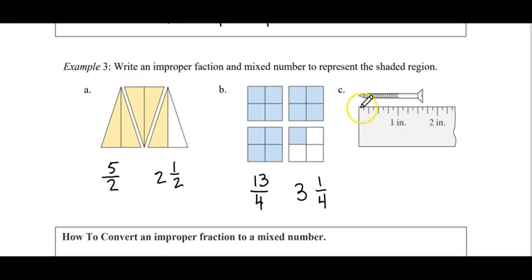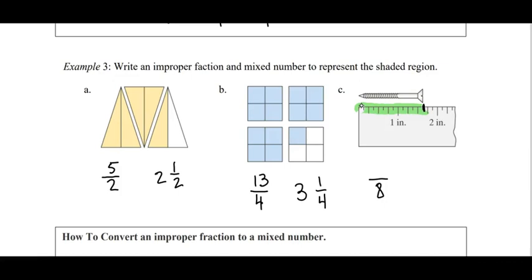I see that there are 8 divisions between 0 and 1, so my denominator is 8. Then I need to go all the way. Imagine that this is your colored part right here, all the way here. Let's count all those little tick marks: 8, 9, 10, 11, 12, and 13.